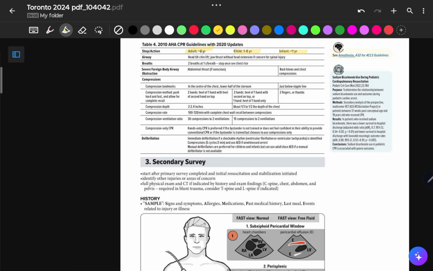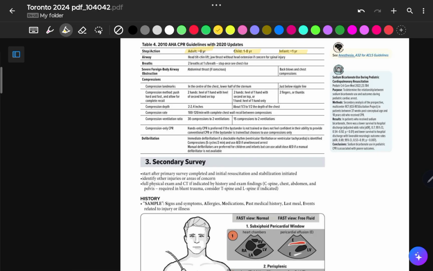Okay, so what is the compression depth? It is 2 to 2.4 inches in adults over 8 years old, and for those below 8 years old, it's one third to half the depth of the chest. The compression rate is going to be 100 to 120 per minute with complete chest recoil between compressions.